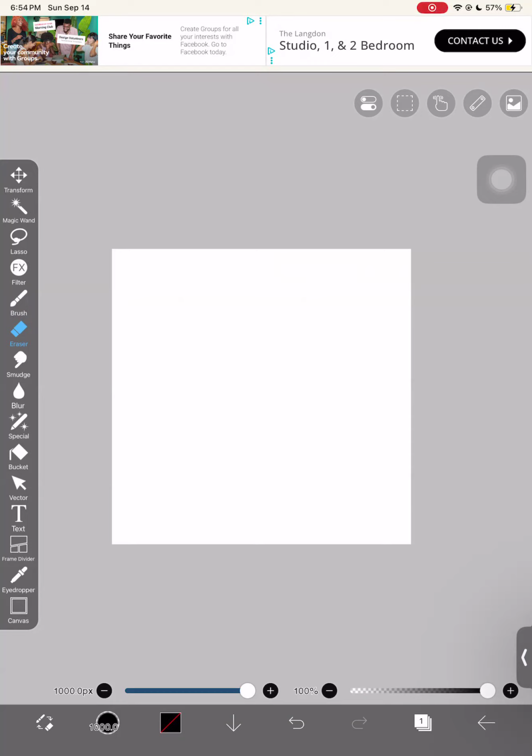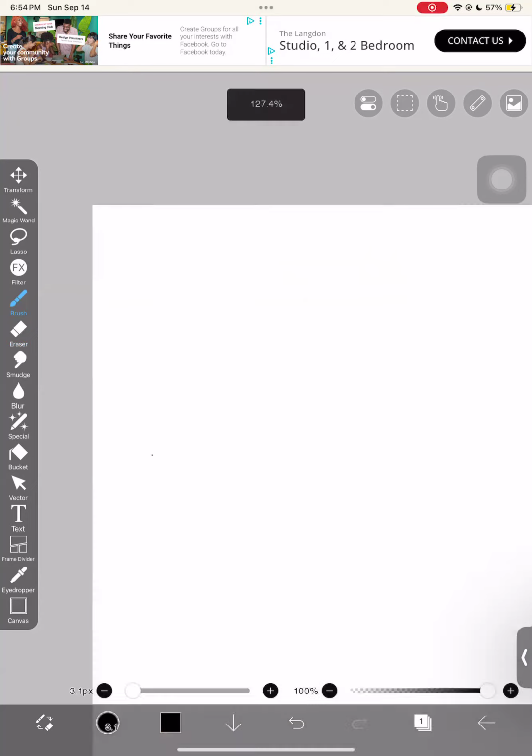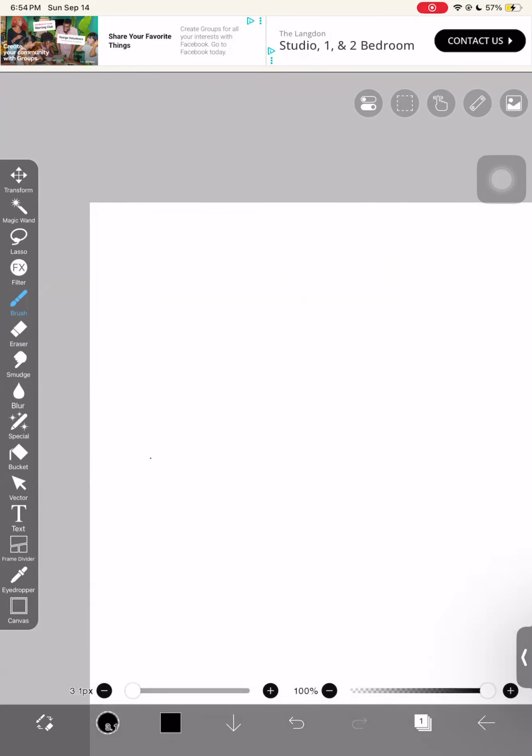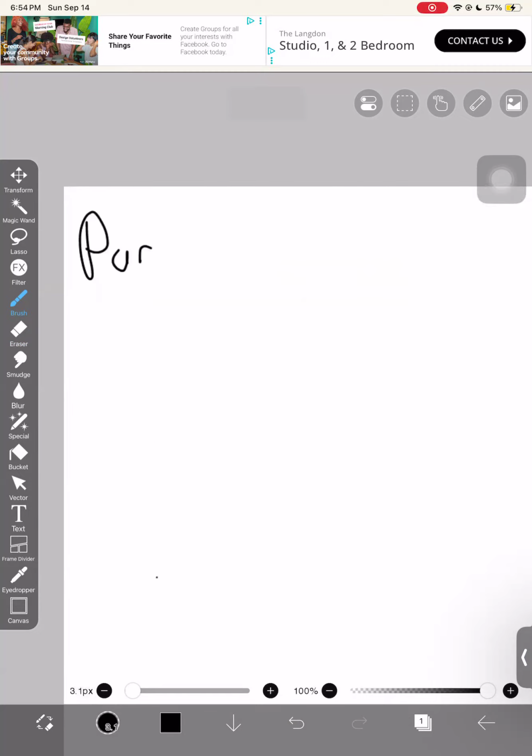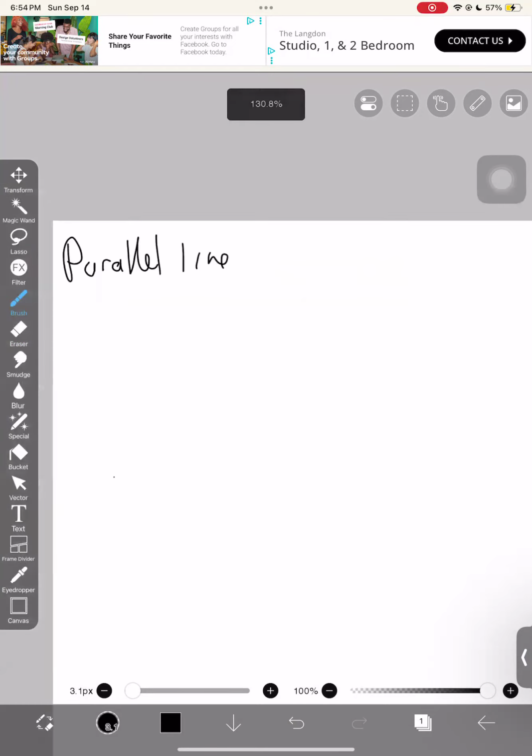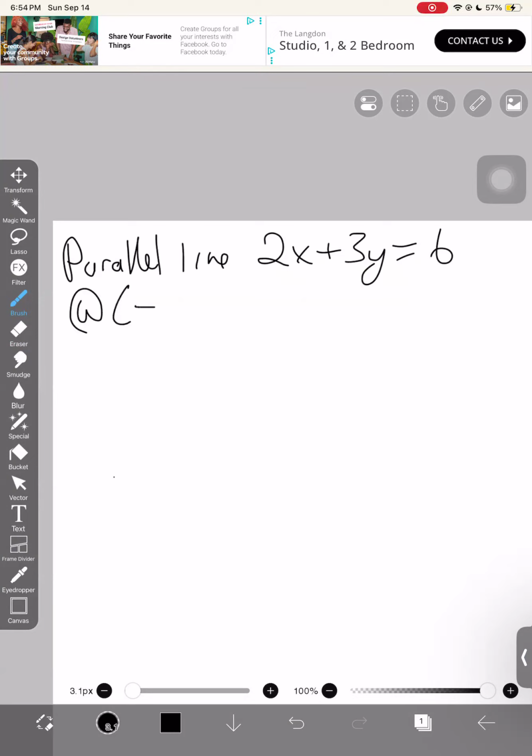We got to look at something like this now. Find parallel line of -2 comma 4.